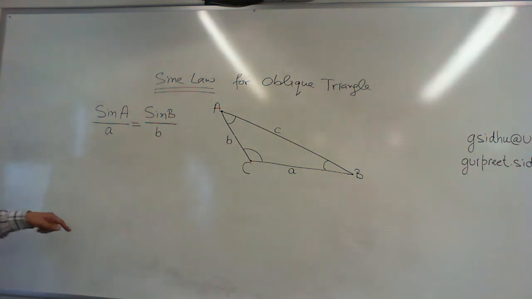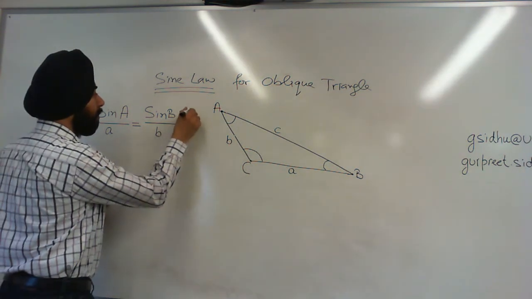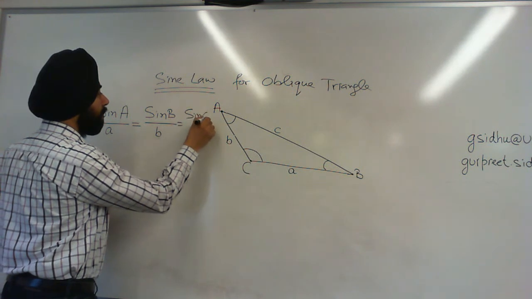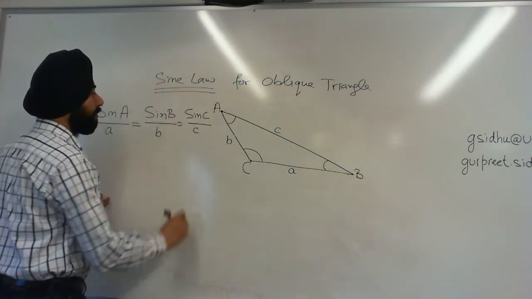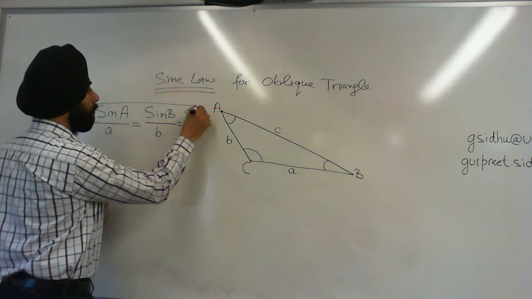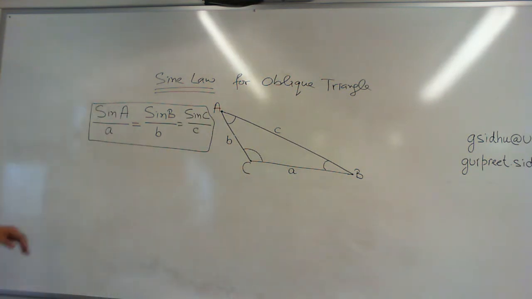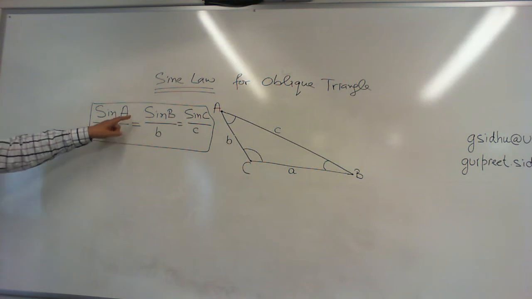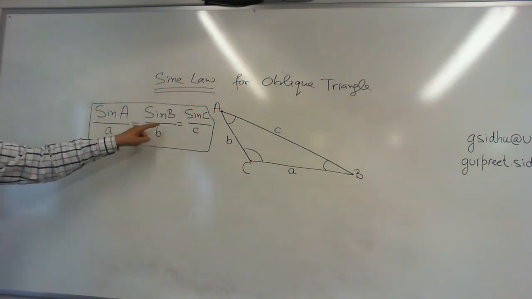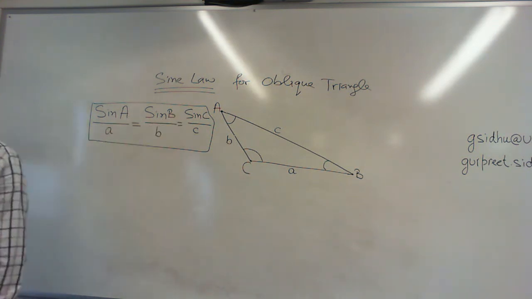And this ratio is still the same as sine of angle C divided by the length c. So this is your sine law. Sine A over a is equal to sine B over b is equal to sine C over c. This law is called the sine law, and you can use this law for the oblique triangle that is not a 90 degree angle triangle, right?